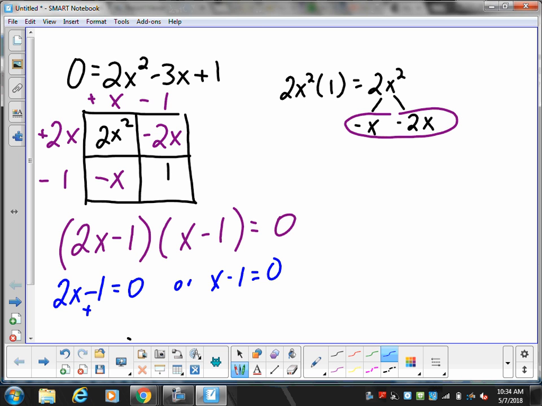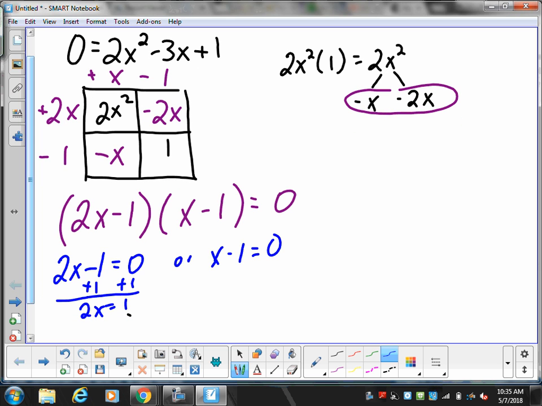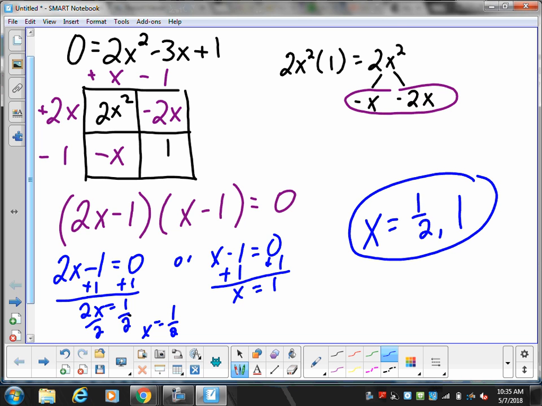So add 1 to both sides here. That's 2x equals 1. Divide by 2, and so x equals 1/2. And then over here, it's even easier. Just add 1 to both sides. x equals 1. So my solution, x equals 1/2 and 1.